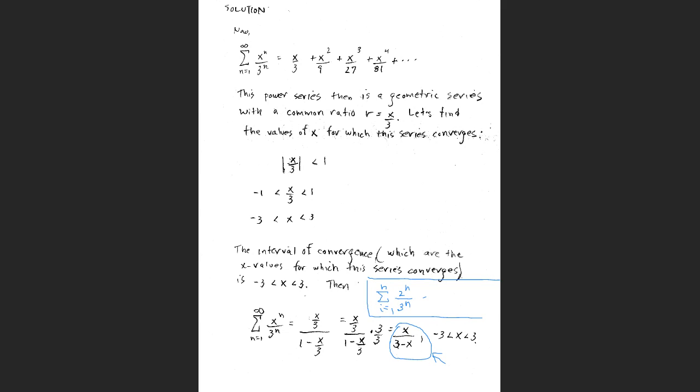And so if we applied the formula, we would have 2 divided by 3 minus 2, and that's just going to equal 2 over 1. Okay?